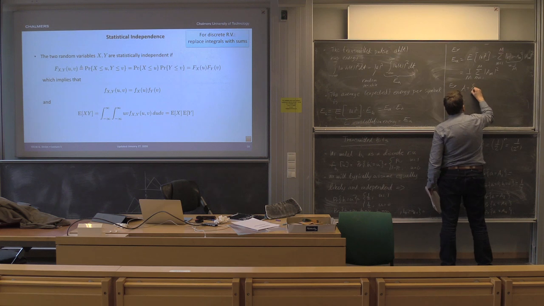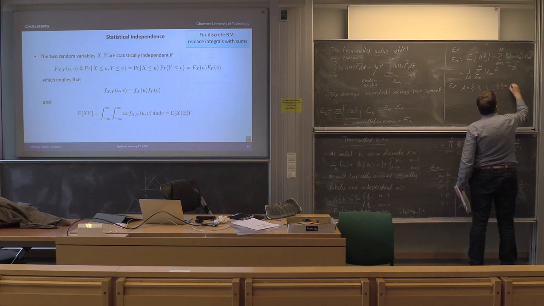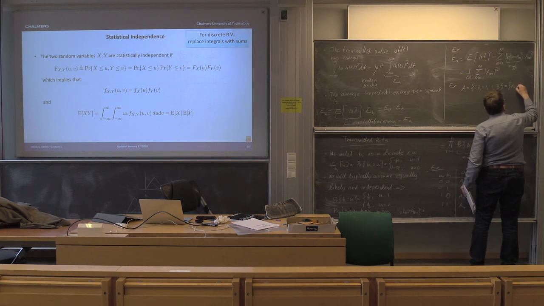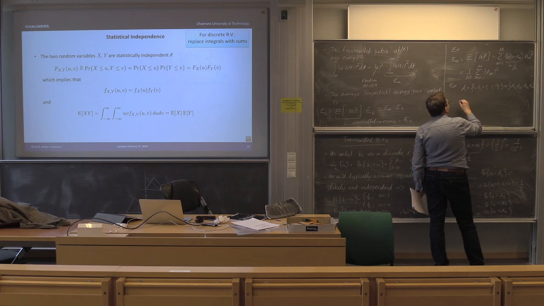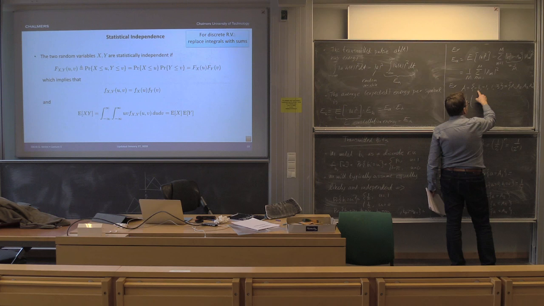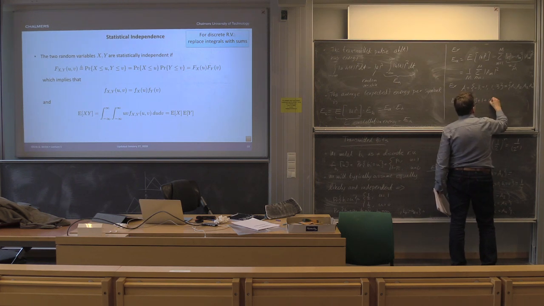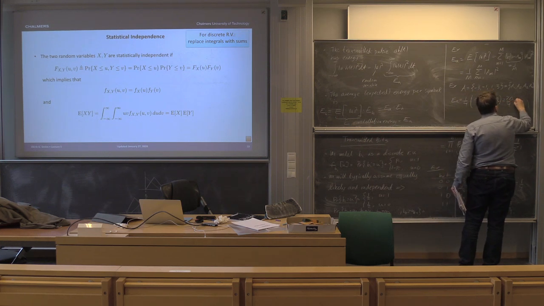If curly A is -3, -1, 1, 3, which is A1, A2, A3, and A4, then E_A is 1/4 times the amplitudes squared. So it's 9 plus 1 plus 1 plus 9. This is 20 divided by 4, which is equal to 5.